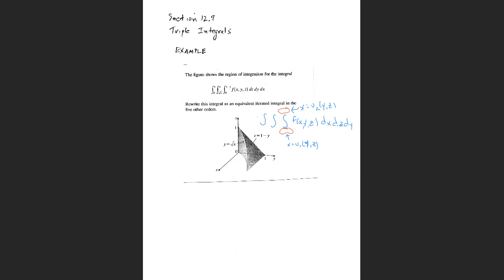The book, remember, we talked about how solids could be treated as type 1 regions, type 2 regions, and type 3 regions. In this case, we're treating the solid as a type 3 region.